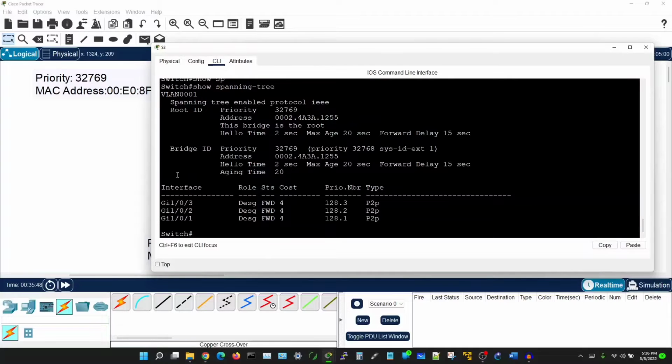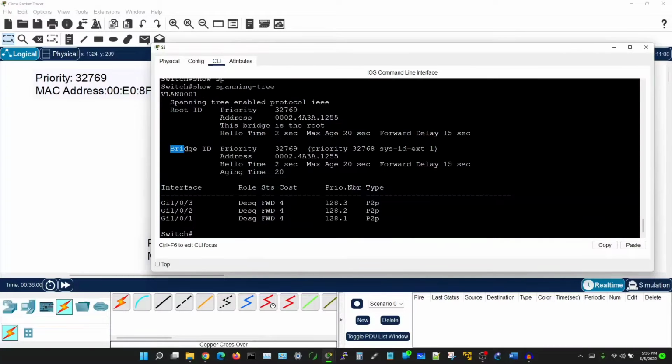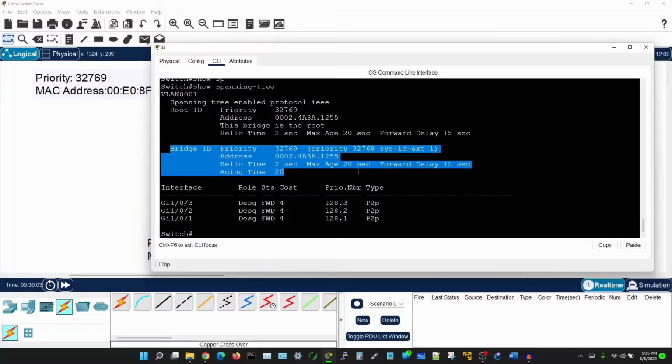Okay, so there are two different pieces of information right here. We have information about the root, and this other information is about this specific device.